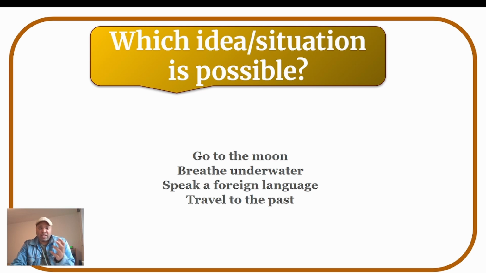Is the situation likely or is it unlikely? It's a range of feelings, but we can just say, is it possible or not possible? For example, go to the moon. Can I go to the moon? Is that possible for me? Possible for you? Probably not. But speak a foreign language is possible for me and you.